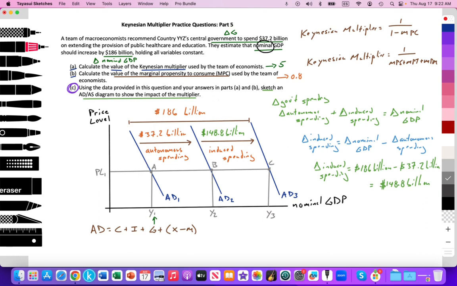Then the government increases government spending as recommended by these macroeconomists on the provision of public health care and education, causing aggregate demand to shift out from AD1 to AD2. That is the autonomous spending, being equal to 37.2 billion. That causes the Keynesian multiplier to take hold, causing a further increase in aggregate demand from AD2 to AD3, or from Y2 to Y3. That induced spending is valued at 148.8 billion. Thus, the total change in nominal GDP from Y1 to Y3 is $186 billion.